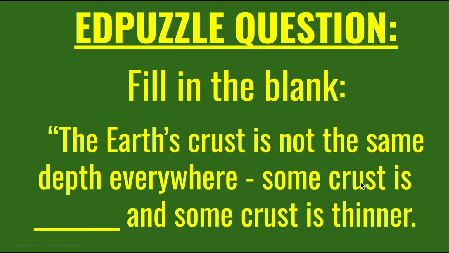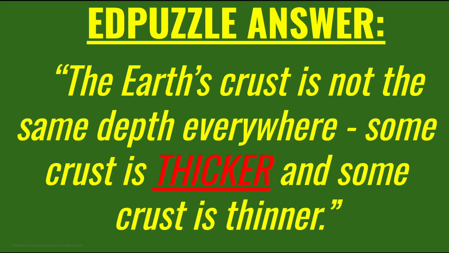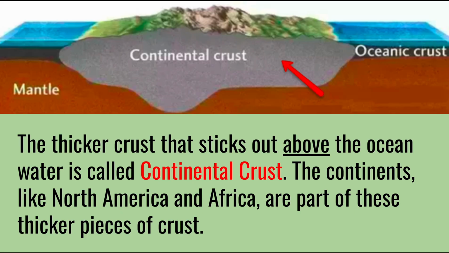Answer this Edpuzzle question now. Okay, now that you answered that Edpuzzle question, here's the answer. Super easy, hopefully. Some of the crust is thicker and some of the crust is thinner. Very good. So there's 2 different thicknesses of crust.